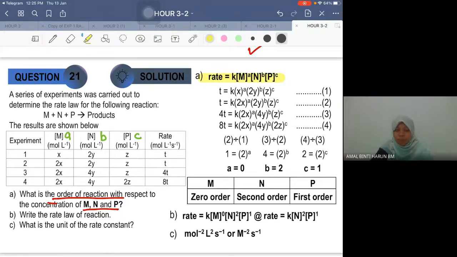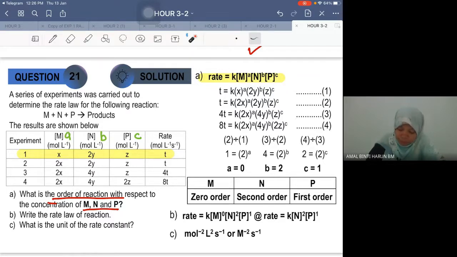This is whose order. Okay, then to find the order, we substitute into our rate law. For the first experiment, rate is T, K, concentration of M is X, so X power of A, 2Y power of B, Z power of C. So we get the first equation.